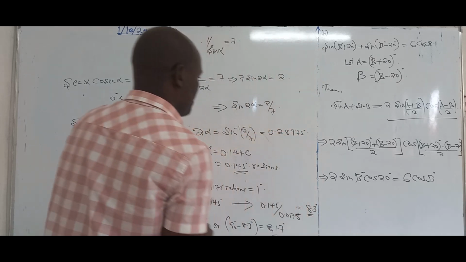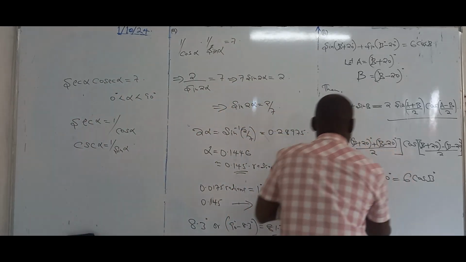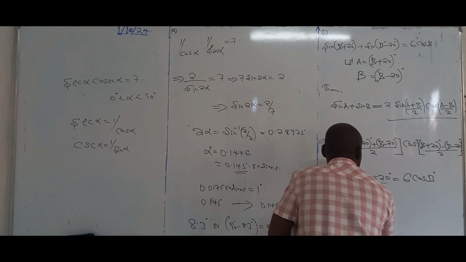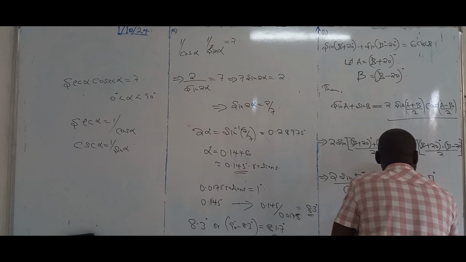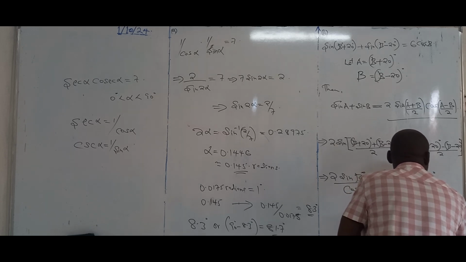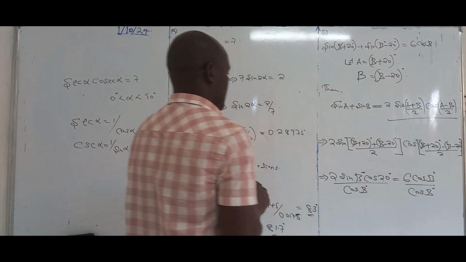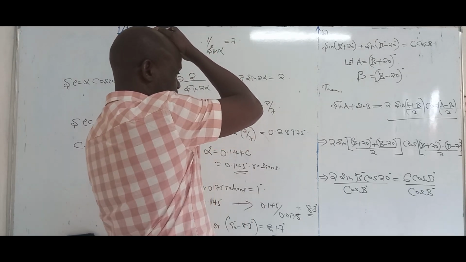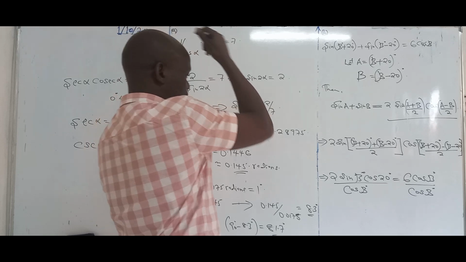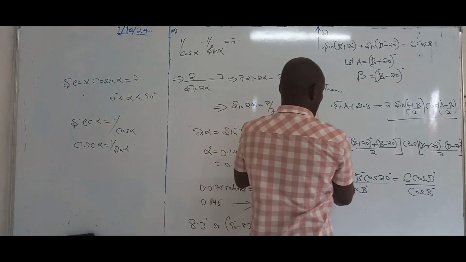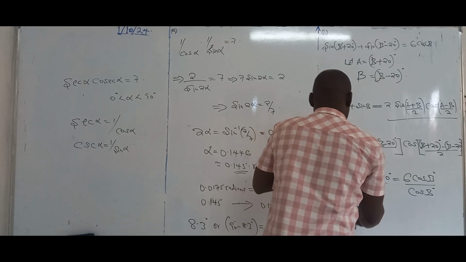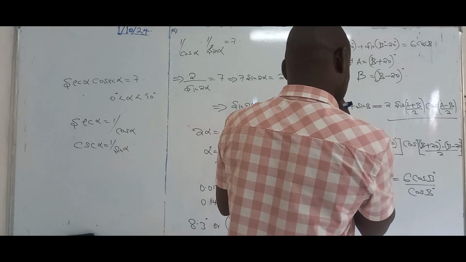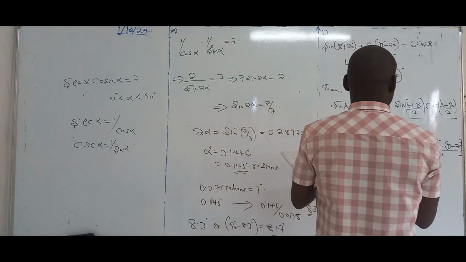If I divide each term by cos of beta degrees, this side also cos of beta degrees. And so this then means that here I have 2 tan beta.